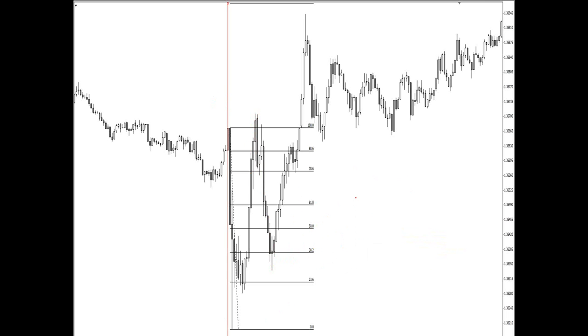Okay, and now you can also see why I don't like to trade those breakouts. We call them false breakouts, and those are very conservative entries, because we want to see this high broken. What happened is, this is the high after the spike, and this is the low after the spike.